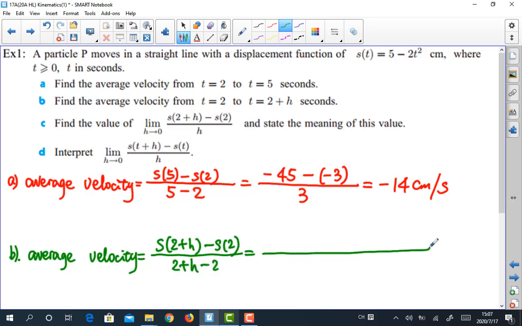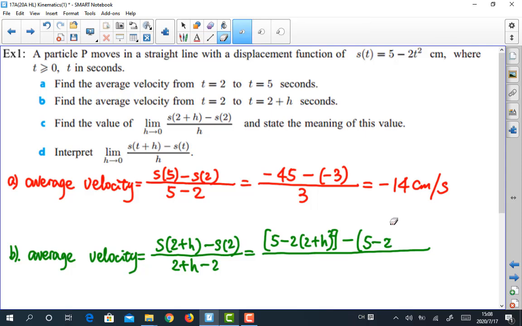So the change in displacement should be 5 minus 2 times 2 plus h squared, then close the square brackets, minus 5 minus 2t squared. This t should be 2, so let's replace this t with 2 and squared. Over the bottom is just h.